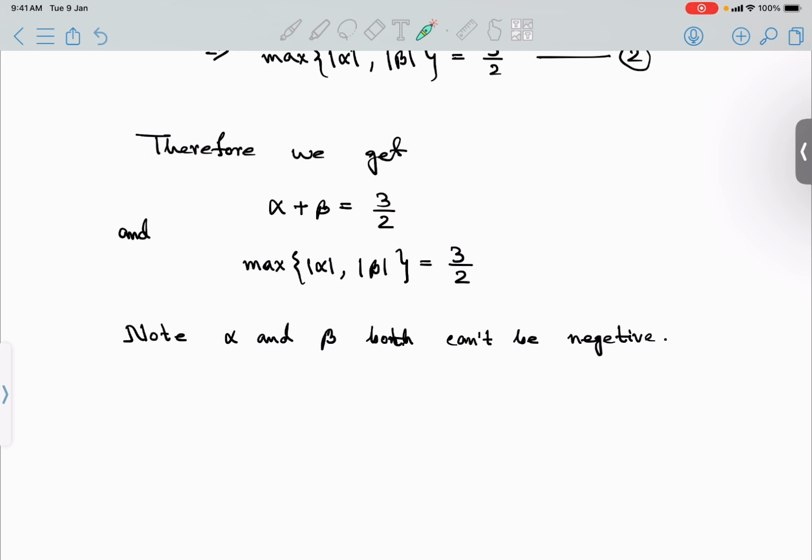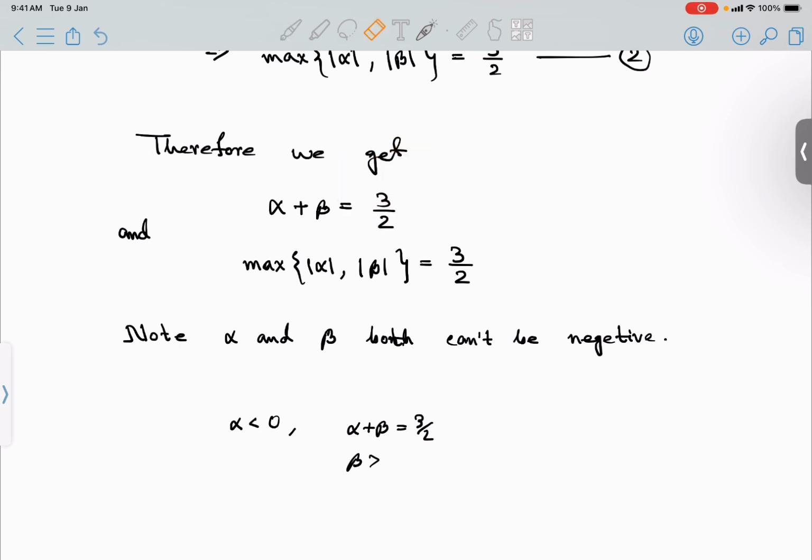If alpha is negative, then as alpha plus beta is 3 by 2, beta should be bigger than 3 by 2, which will contradict that the maximum of the mods of these two is 3 by 2.